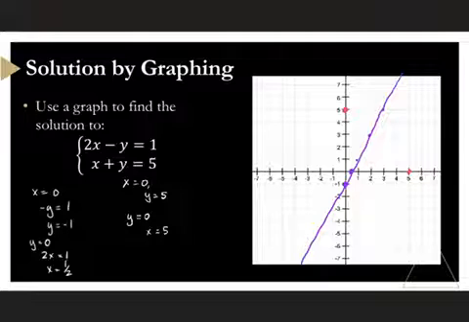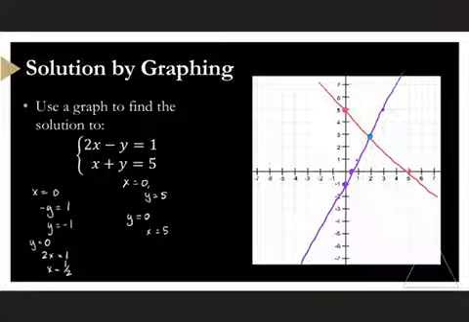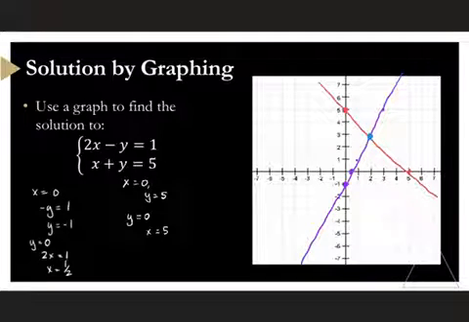And so if I connect those dots, let's see about there. Okay, notice that they cross one time, specifically at that point. So you want to graph these as neatly as possible. Not always the easiest thing to do, but do your best.